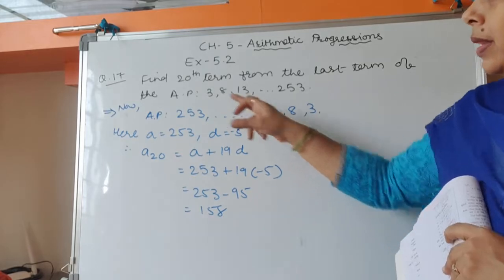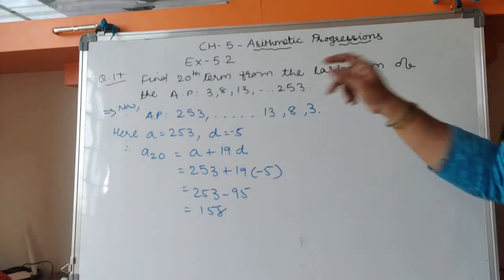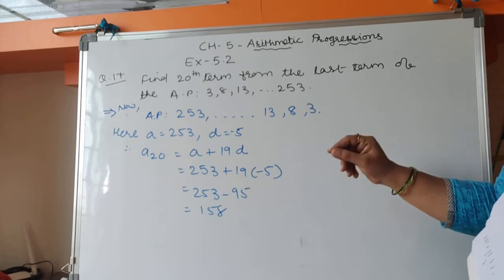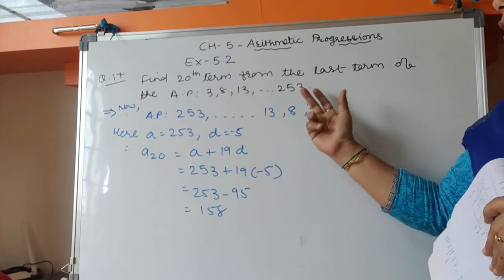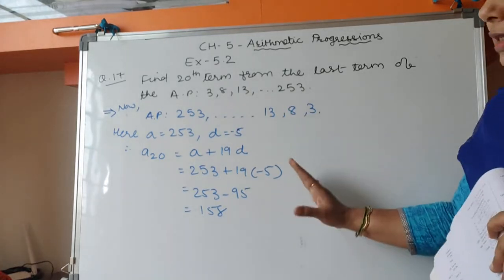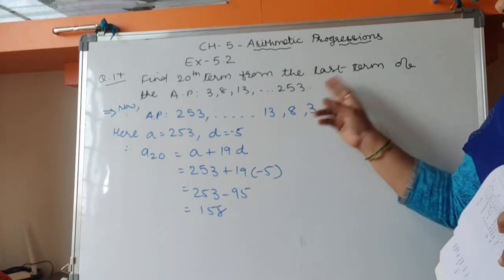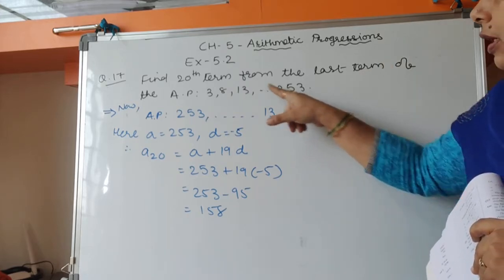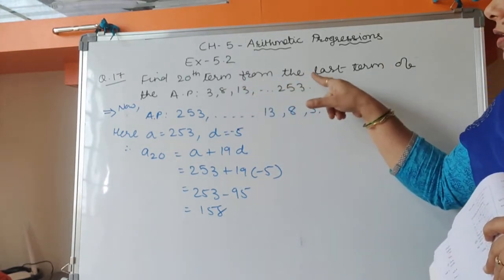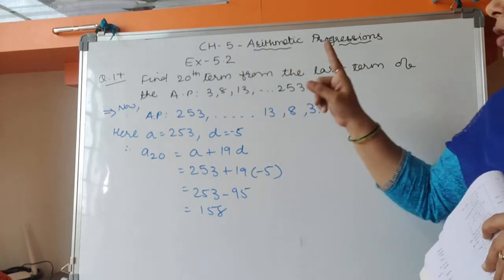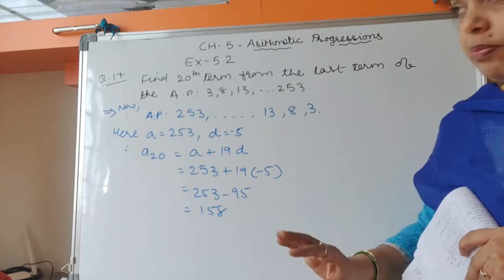In this type of example, one important thing is that you have to reverse the AP first of all. This is the easiest method to solve such examples. Whenever it is asked to find any term from the last term, the first step is to reverse the AP.